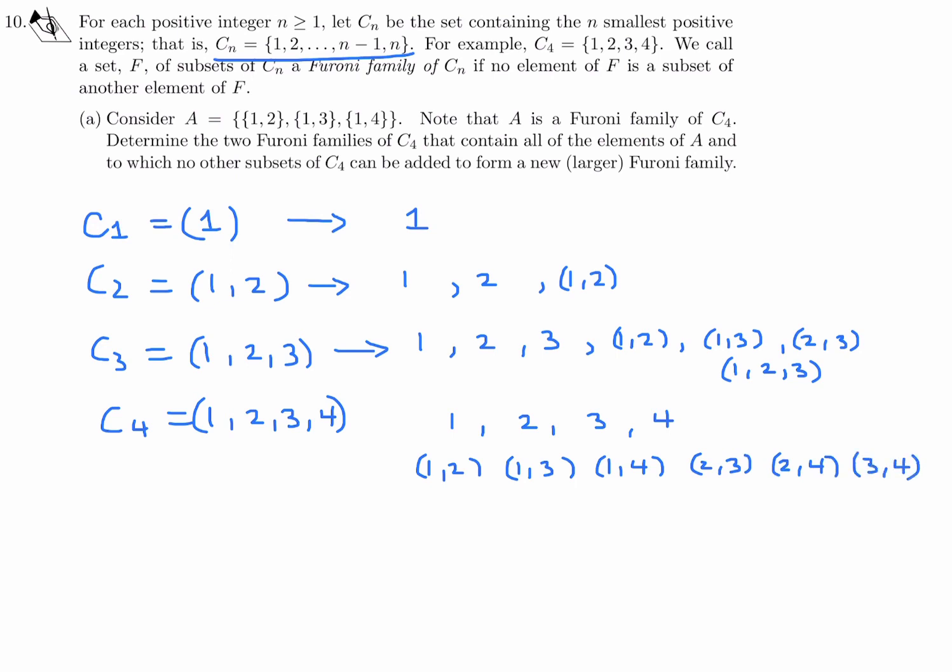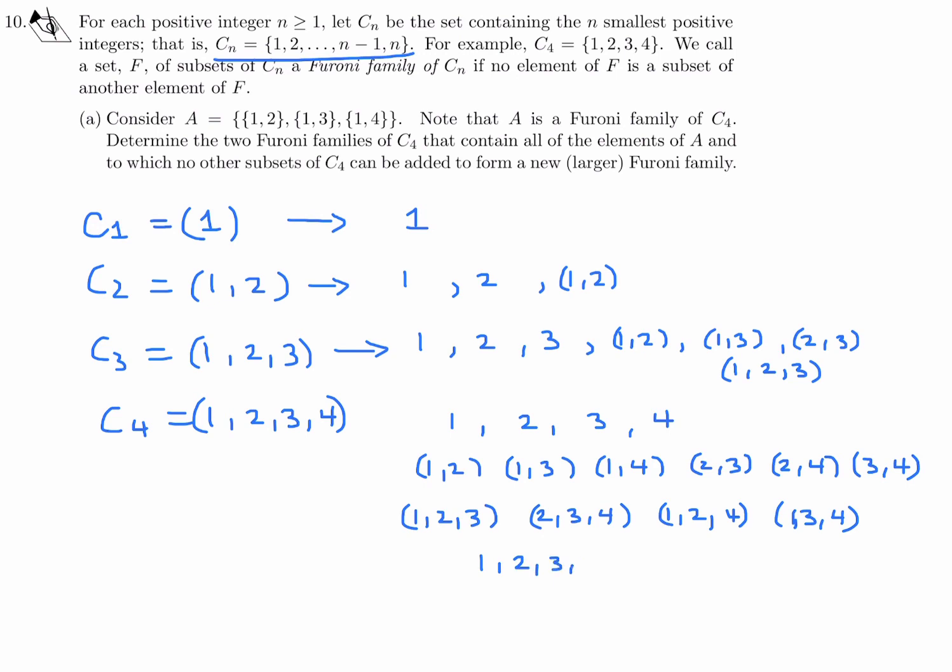And then in terms of the ones that have three in them, it'd be {1, 2, 3}, {2, 3, 4}, {1, 2, 4}, and {1, 3, 4}. And then of course the full one, {1, 2, 3, 4}.